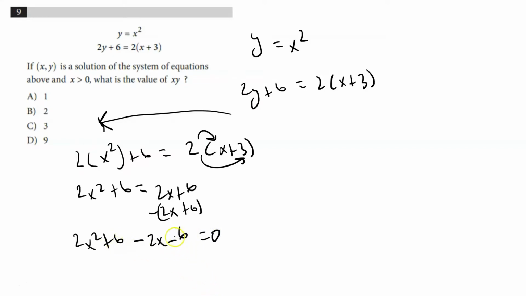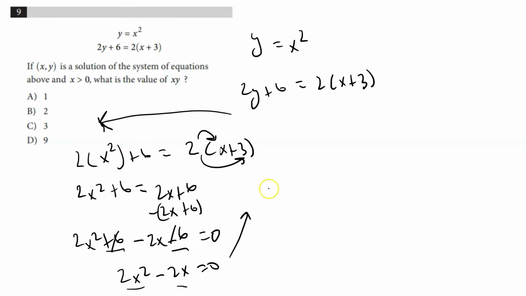And if we combine like terms, this plus 6 and negative 6 just cancels, and we have 2x squared minus 2x equals 0. I can see that we can factor a 2x out of this, because each term has a 2x.